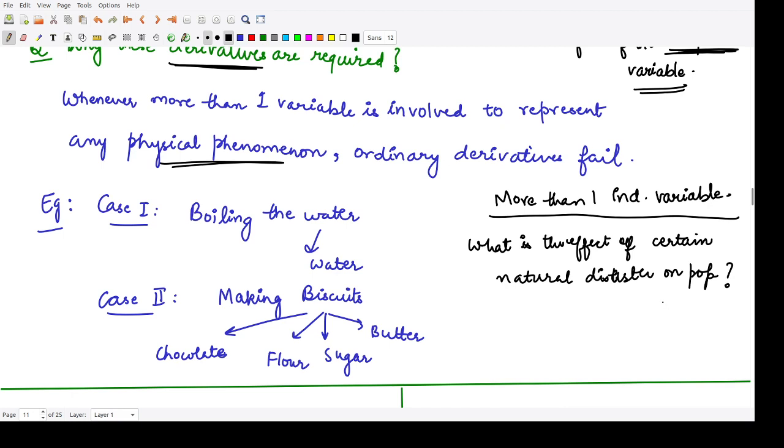So here we will see what are the corresponding factors involved, and we will see whether this disaster is being affected due to natural activities or man-made activities, or is it due to government plans or whatever it is. Okay. So we will see what is the effect of this natural disaster due to the presence of one or more of the independent variables. So we can also see the effect with respect to one variable, we could see it together with respect to one and two variables, and so on. So that is what we are going to do in this partial derivatives.